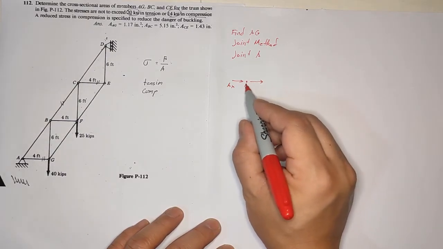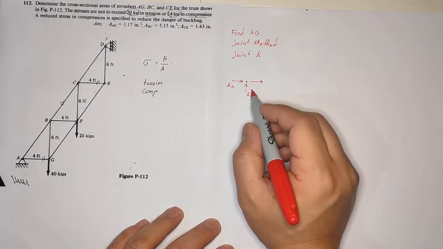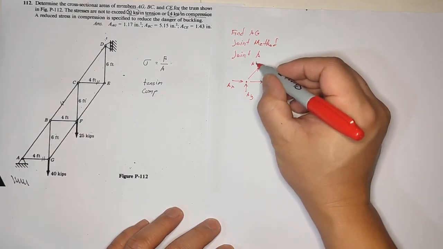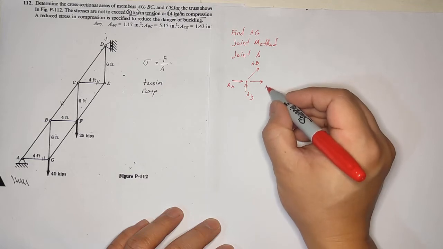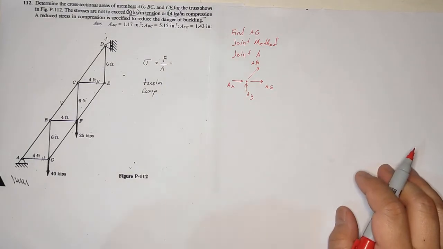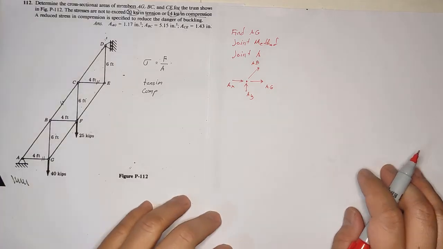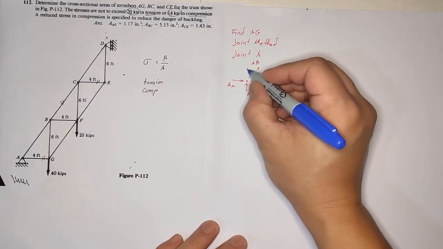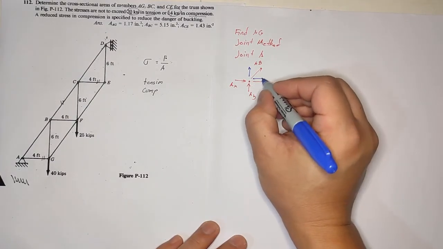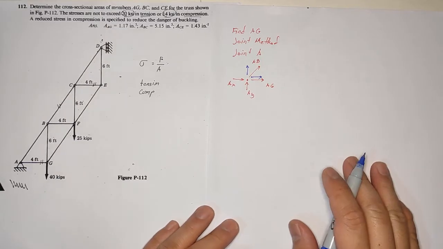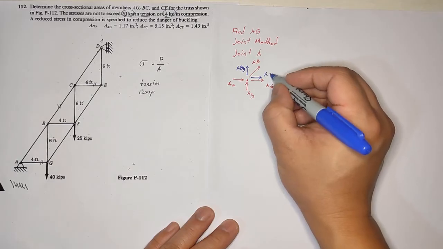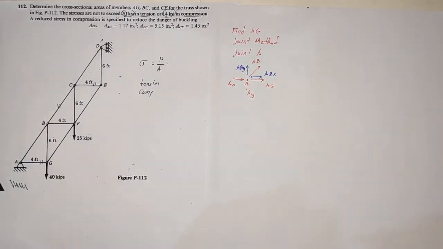If it's away from the joint, it's tension. The other one is AB. Now, to simplify things, AB could be broken into components, so we can make it ABY and ABX.